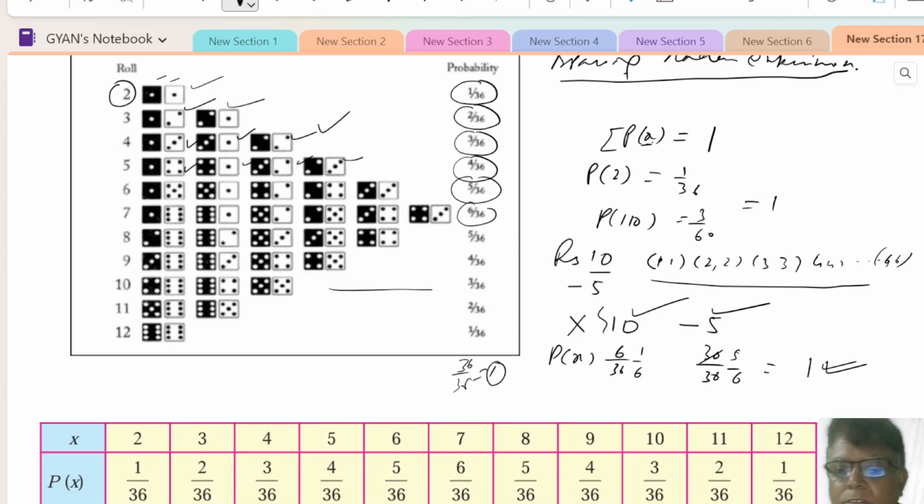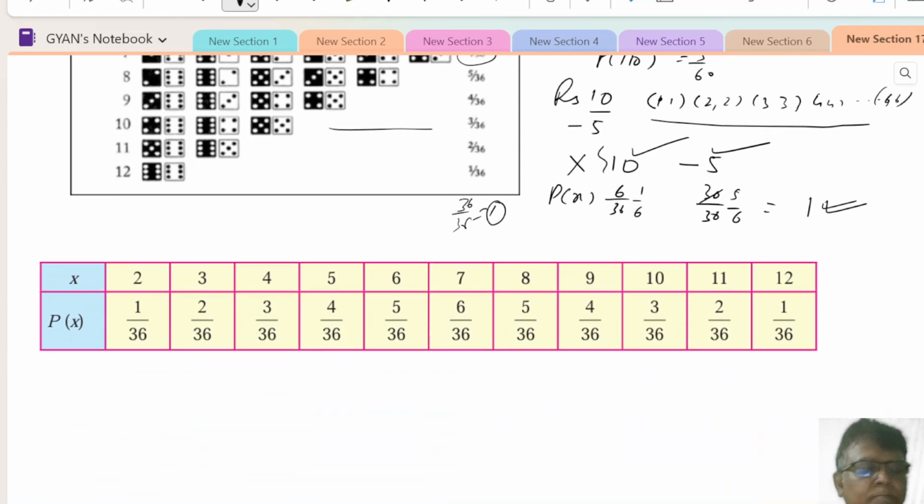This is tabulated: this is x, this is p(x). So what is expectation? Expectation and mean are the same. What is expectation?